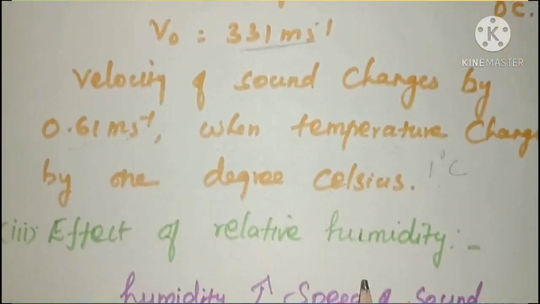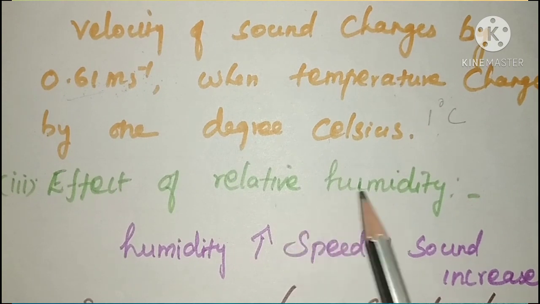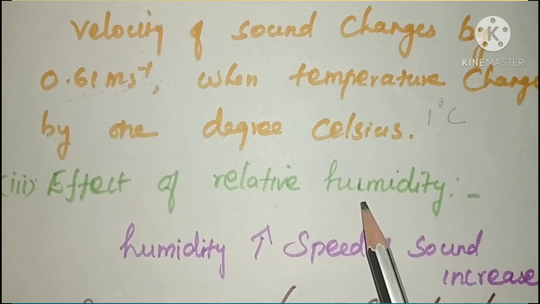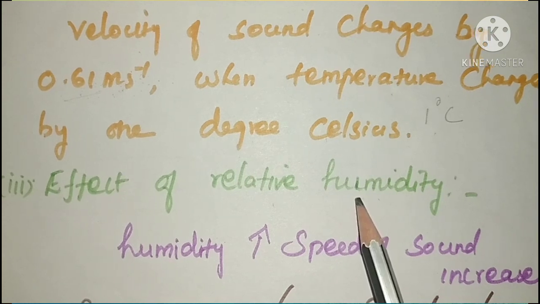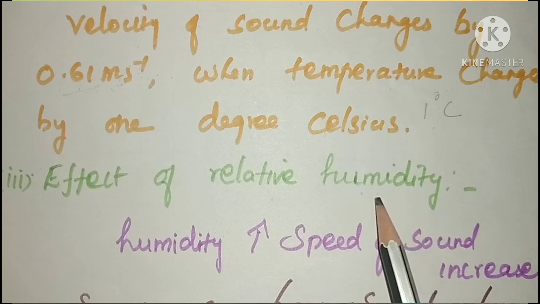Then the third factor that affects the velocity is relative humidity. You all know what humidity is. It is the moisture in the air, the surrounding molecules.